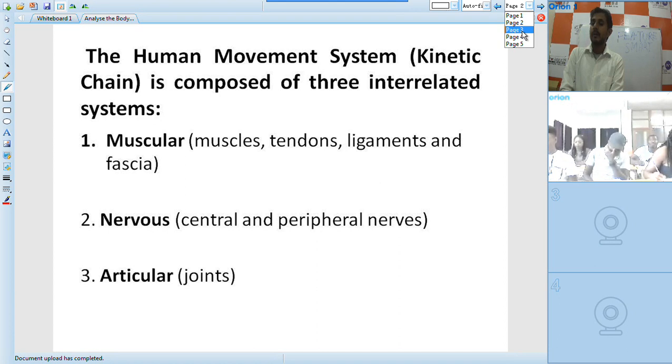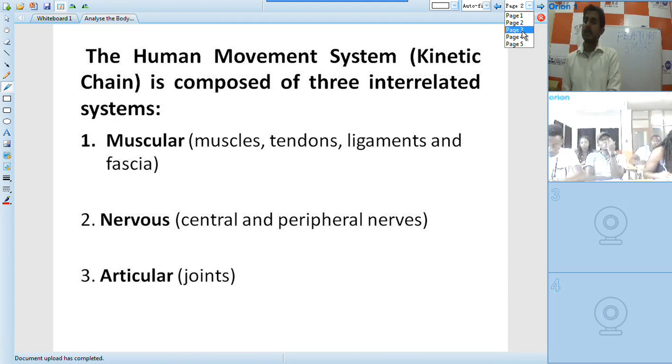Then comes the nervous system or the nervous structure, which is mainly composed of the central nervous system and the peripheral nervous system, which connect our body. The whole body is connected to the brain via the nervous system, where peripheral nerves transmit messages from the different body parts to the central nervous system.